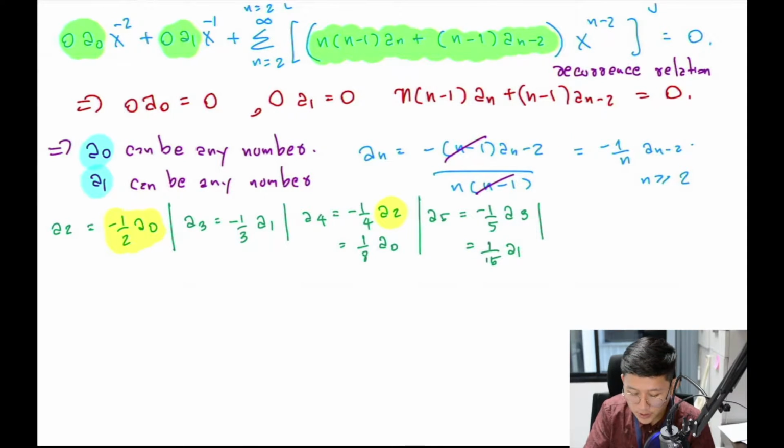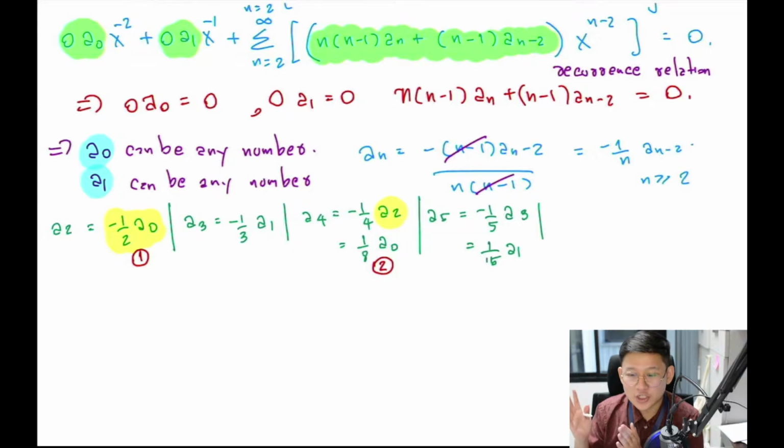For example, here is in terms of a0, so we count 1. Here is in terms of a0 again, so we count 2. So we need at least 3 more terms in terms of a0 to answer. Okay, that is how you should answer.